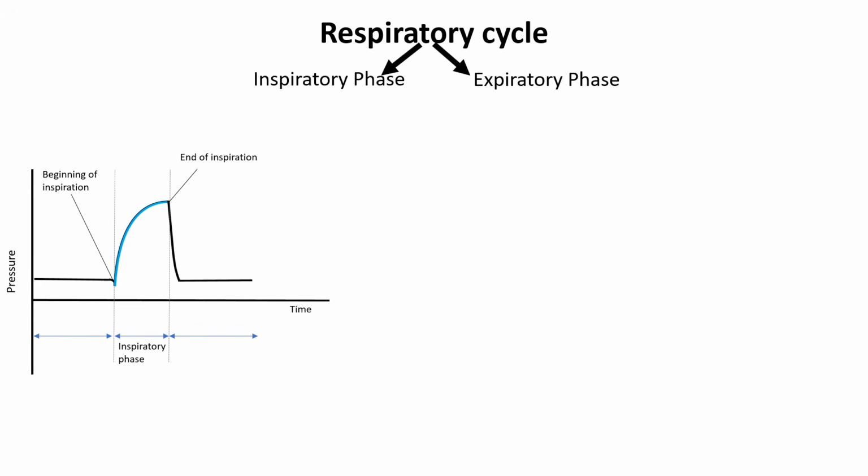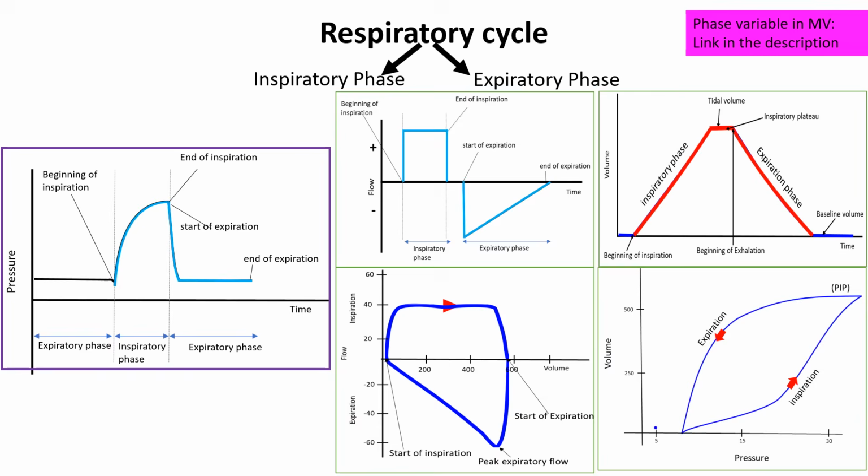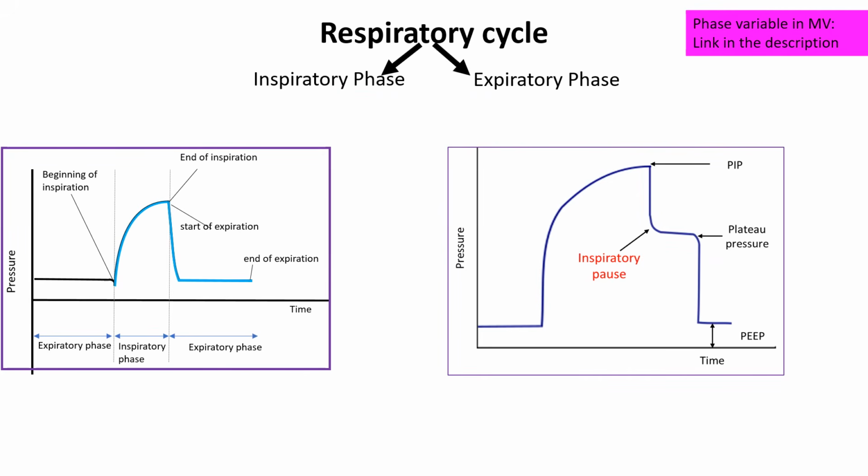In the expiration phase, the lungs passively release the air as the ventilator stops delivering pressure, allowing exhalation. The phases can be appreciated on other waveforms and loops too. Some ventilators also include a brief pause phase between inspiration and expiration, known as the inspiratory hold, which helps assess lung mechanics such as compliance and plateau pressure.